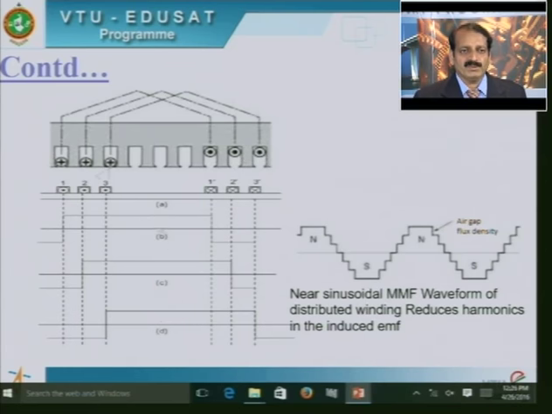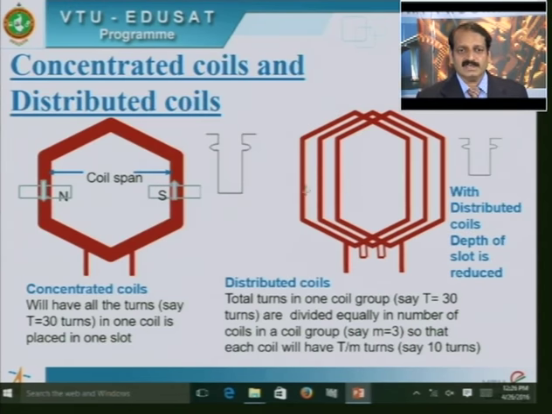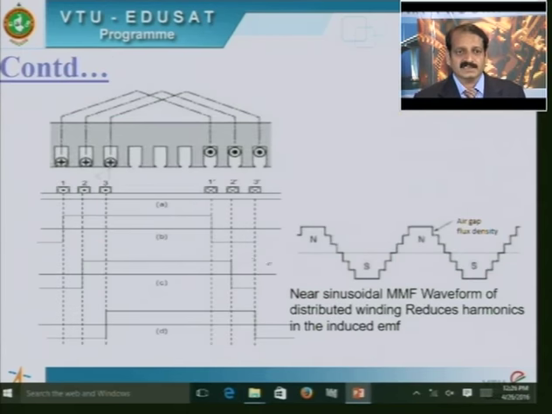When you add all 3 MMF distributions, because all 3 are connected in series, the MMF waveform of the distributed winding is more or less sinusoidal. You can see that this MMF waveform at the air gap is almost sinusoidal, and because of this the induced EMF will also be sinusoidal in nature.